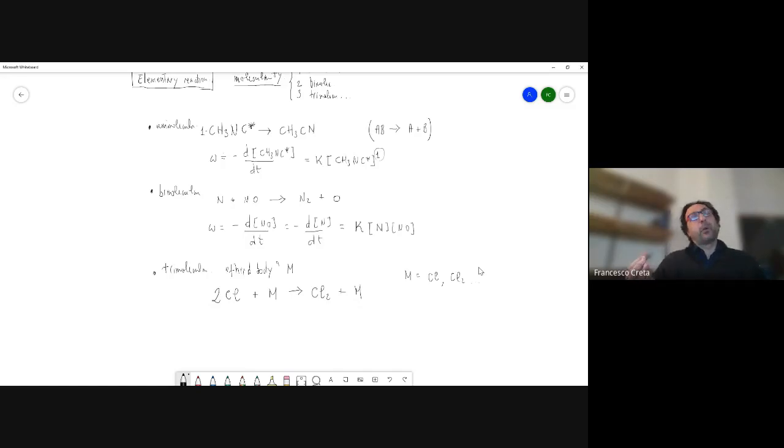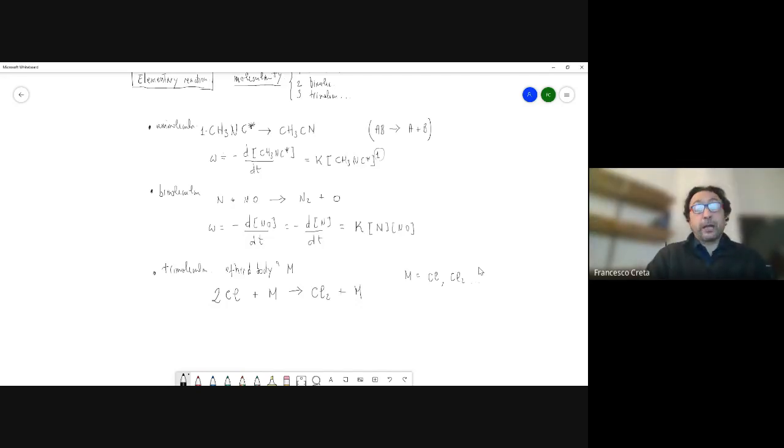I won't get into too much detail here. So when you see an M in a reaction, that's a third body, and it's a molecule that is present, that participates energetically in the collision, but does not participate chemically.